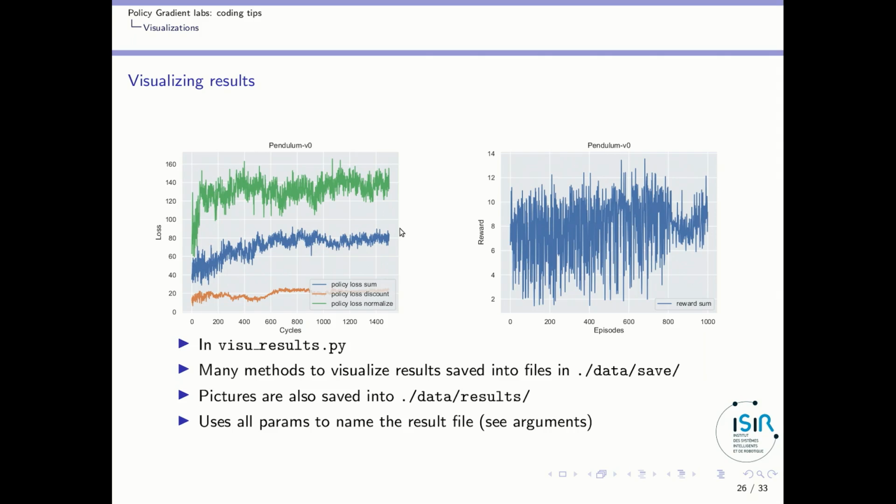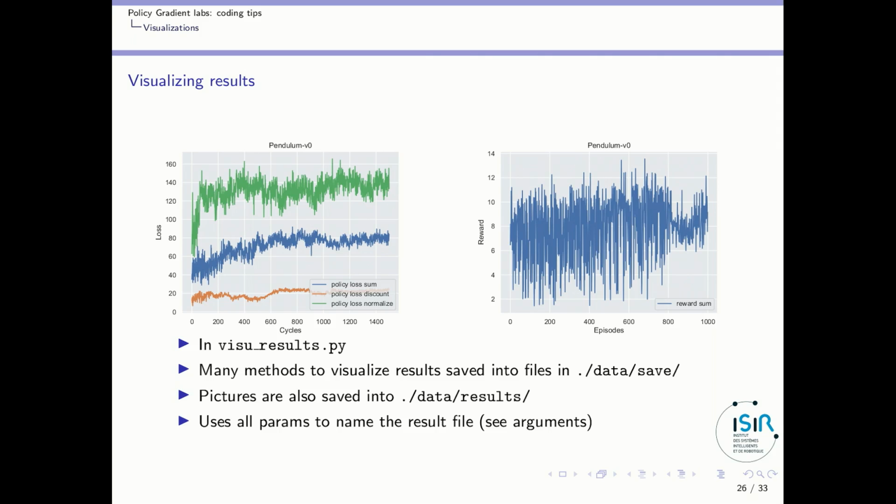And finally, you have many functions to visualize results. So that's in visualresults.py. The corresponding results were saved when running the algorithm into data.save. So the code of these functions just gets files from those directories, and it will plot the corresponding pictures and also save them into data.results so that you can visualize them afterwards, and not interactively if you are just running the algorithms for a while.